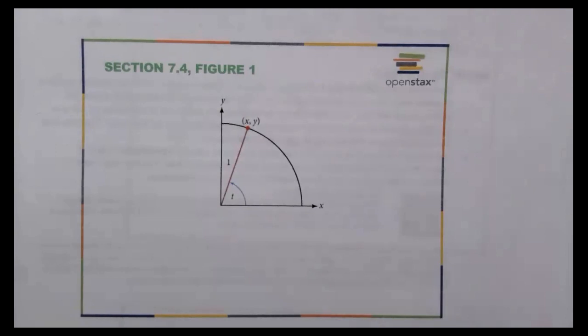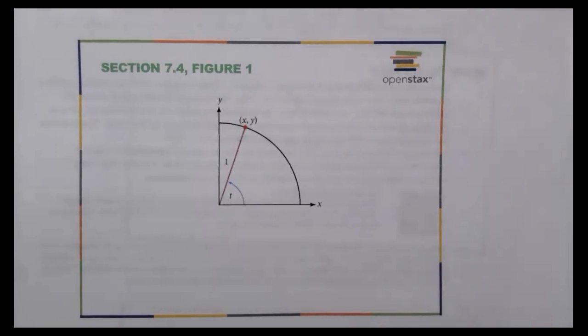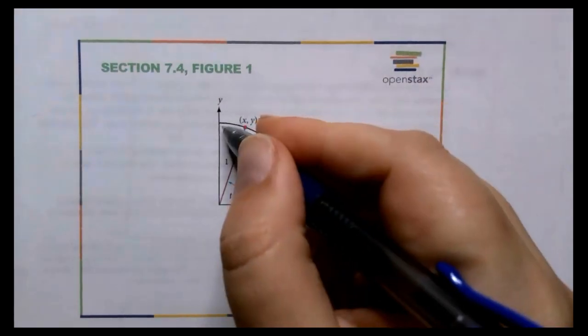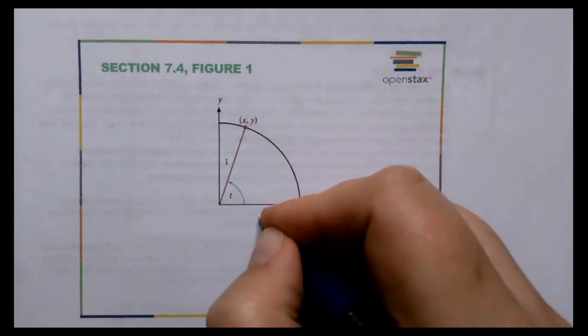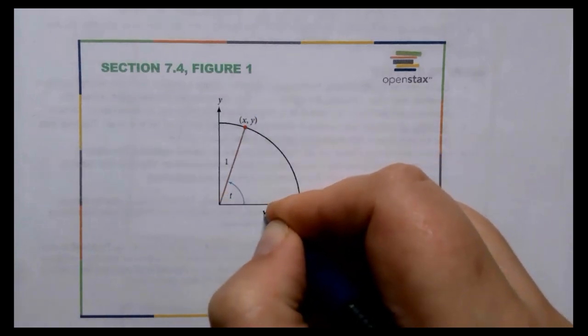And we're going to start by recalling some basics that we learned previously. We learned about the unit circle. It's a circle centered at (0, 0) with radius 1.